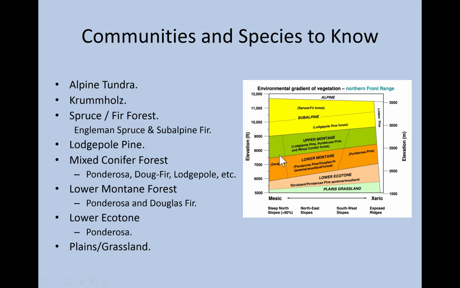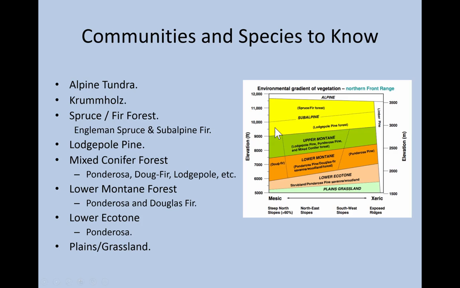A lot of that ponderosa pine continuing up into the upper montane, but also in the upper montane encountering somewhat more mixed conifer forest, where we start to see a lot more overlap between the ponderosas and Doug fir that we see at lower elevations, the lodgepoles that we see at higher elevations, as well as other species like the Colorado blue spruce or the quaking aspen.